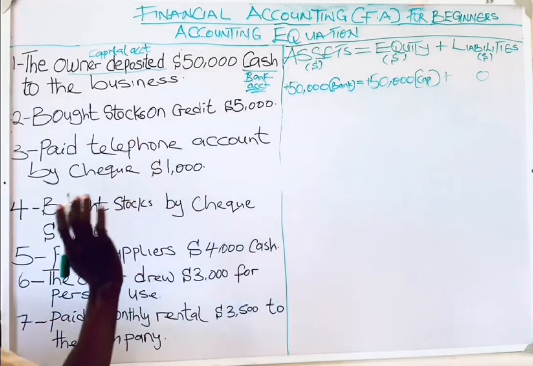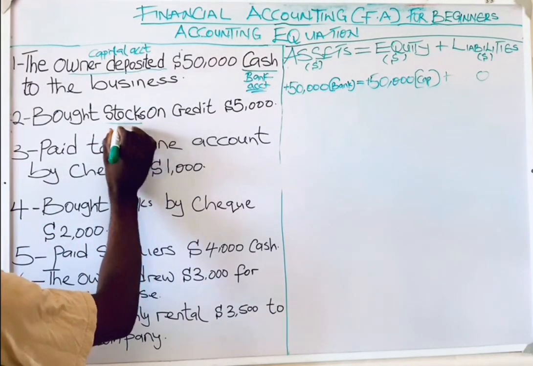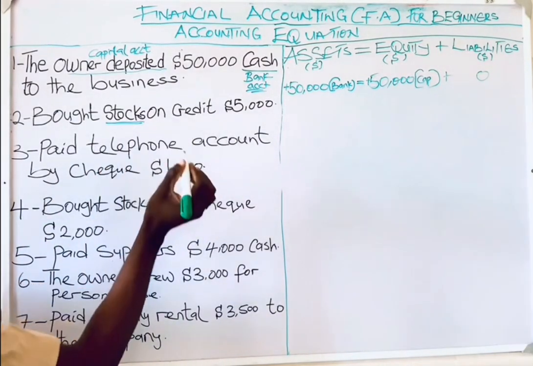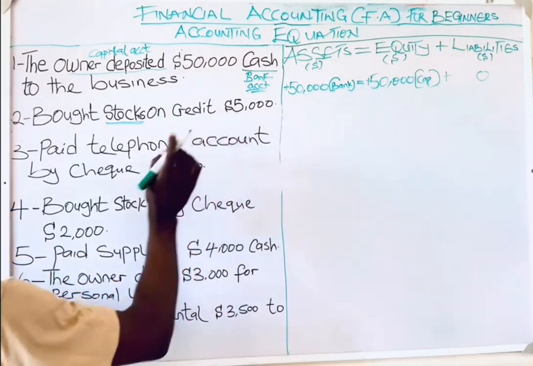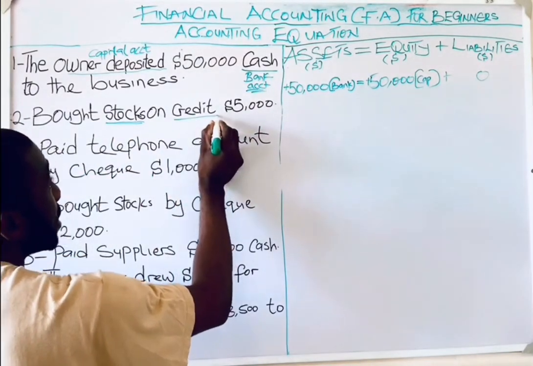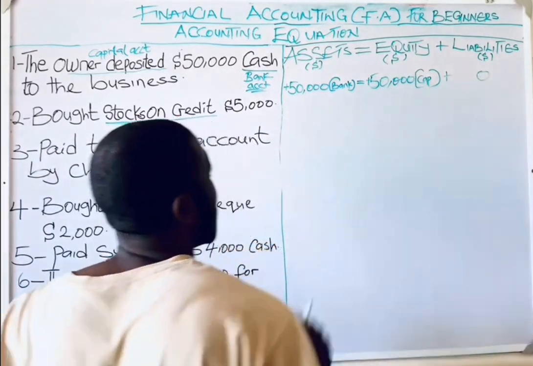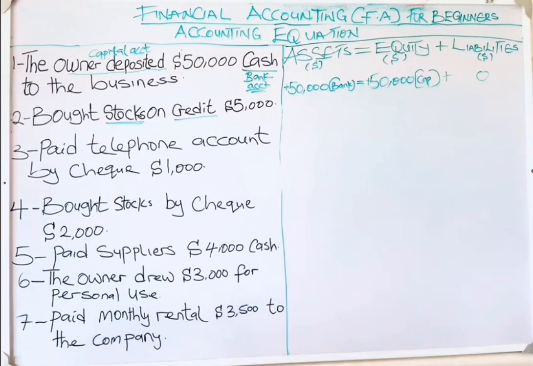There is no payment. So the stock here is our stock account, inventory or stock, which is under assets, and your creditors or trade payables, which is under the liability column. So now let's treat it and see.